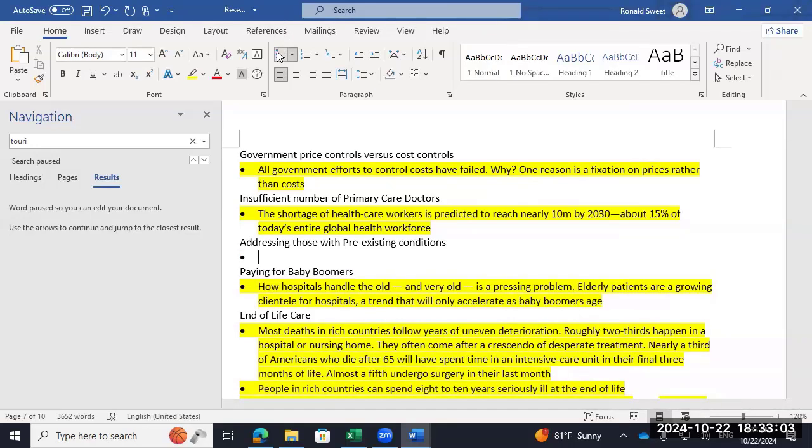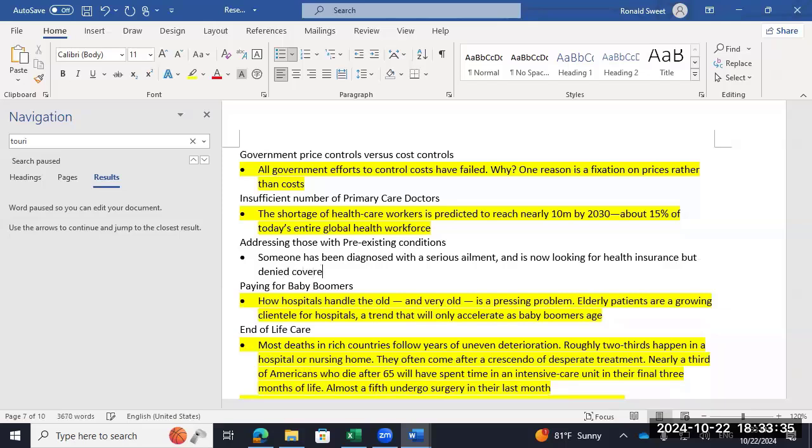I'm going to talk about this more when we talk about taxes a little bit, but a pre-existing condition is when someone has been diagnosed with a serious ailment and is now looking for health insurance. Denied coverage. How do you handle people like that?